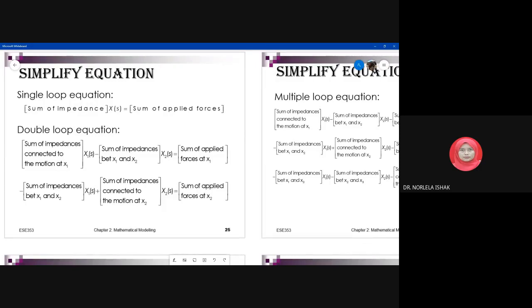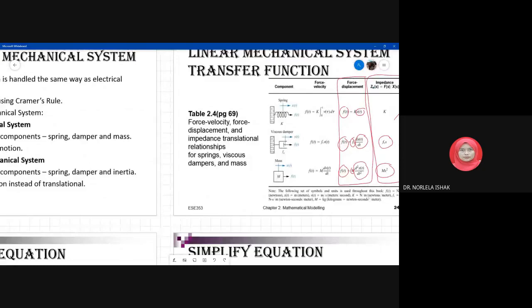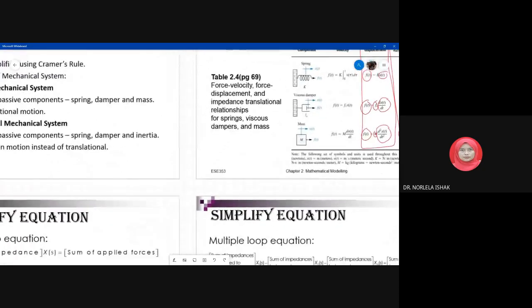To derive the equation, take the sum of impedance multiplied with x, where x is the displacement. This is the relationship between force and displacement. For a single loop equation, the sum of impedance multiplied with the displacement x equals the sum of applied force.